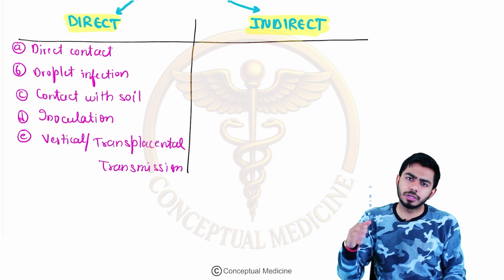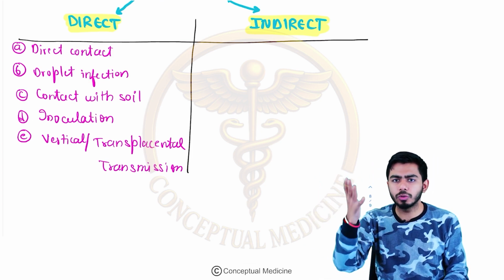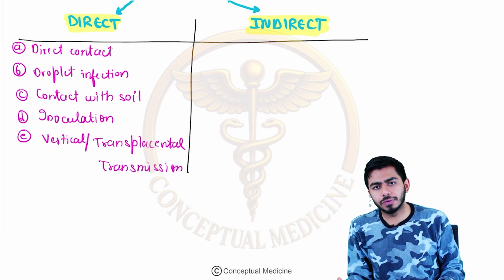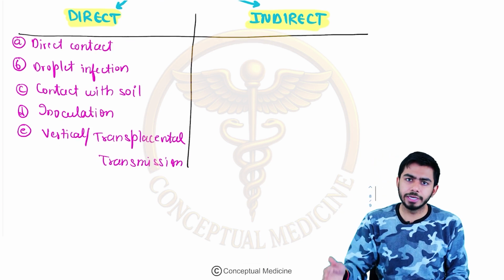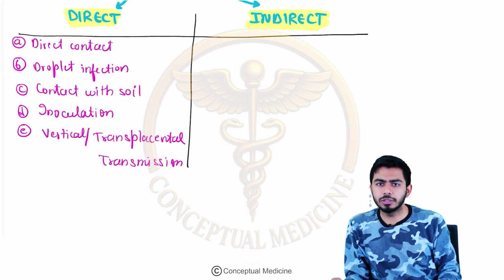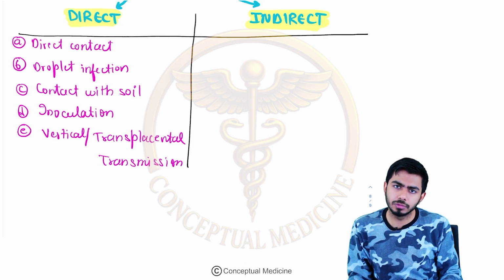Because now this person will be the reservoir, and that infection might grow and multiply, and then this person further might transmit this infection to any other host. For example, that happened in your COVID times. So COVID-19 is a very universal example for all of these kinds of terms.